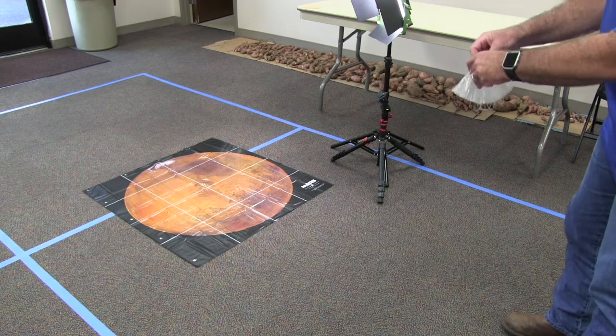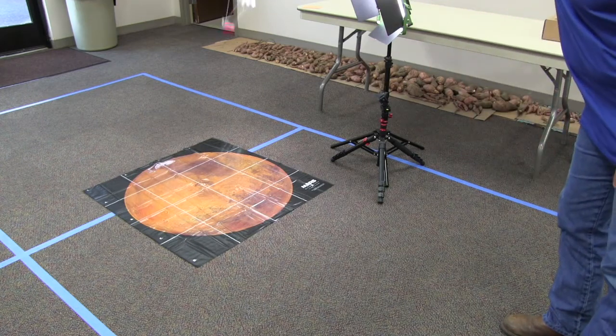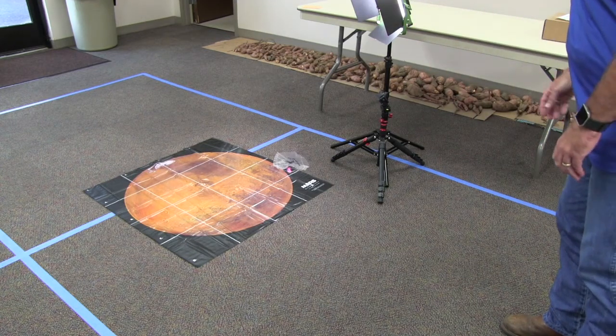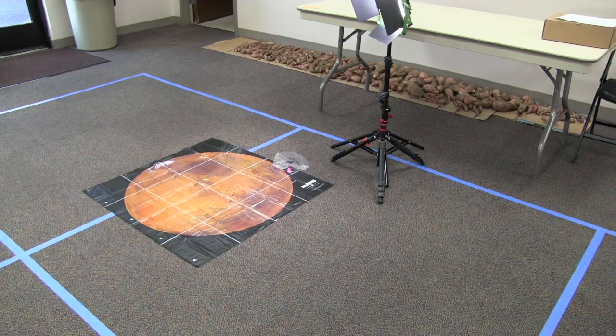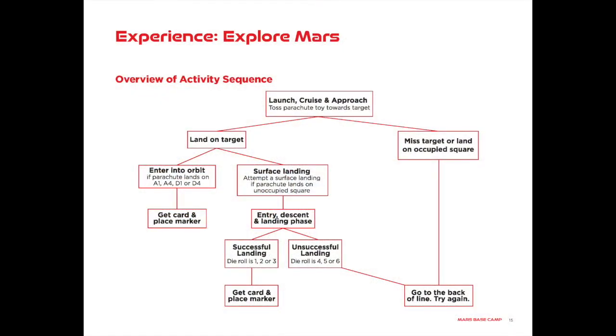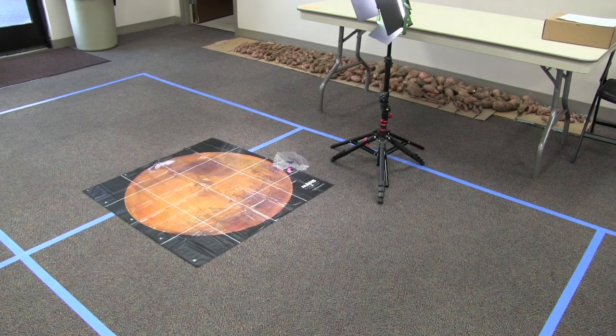We're going to see if we can land on a different grid square on Mars, and we landed on C4. Now C4, if we look at our flow chart, we have landed on the surface. We're going to go through our entry and landing descent phase, and then we roll our die to see if we had a successful landing or if we're going to have to go back and try again.